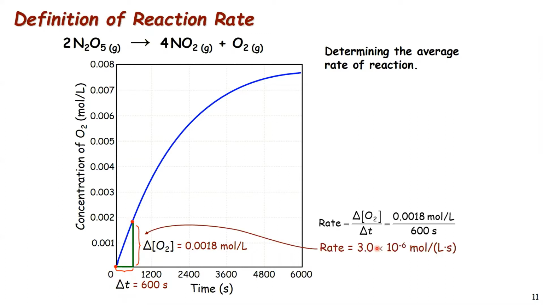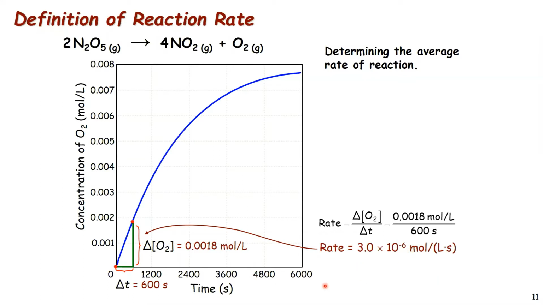So our initial rate then is going to be 3.6 times 10 to the negative 6 moles per liter per second. This is the units of rate, moles per liter per second, okay? That is always our units of rate. Now you can express rate in different units, but we're going to stick with this, okay?